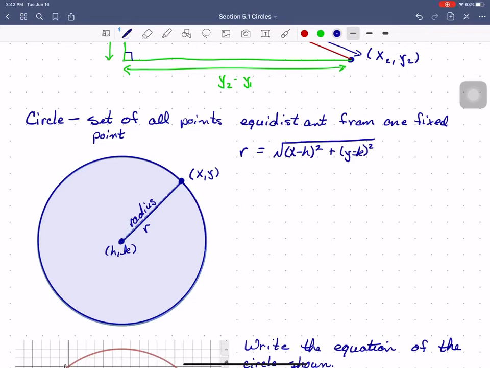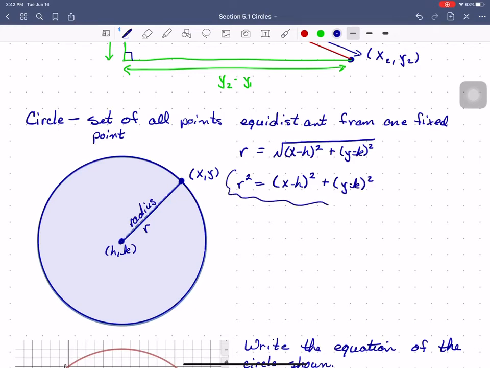So if I write that as the distance formula, what that gets me is the top half of my circle. I want the whole thing, so I square both sides of my equation, and I get r squared equals (x minus h) squared plus (y minus k) squared.